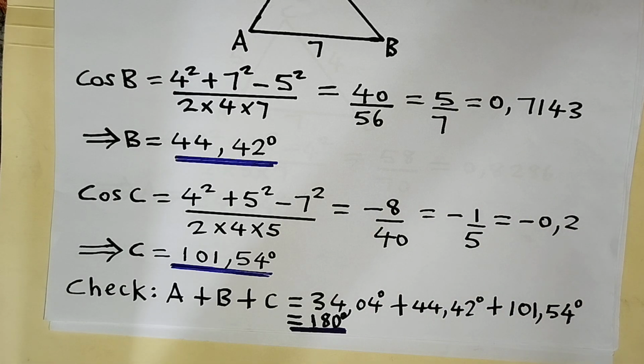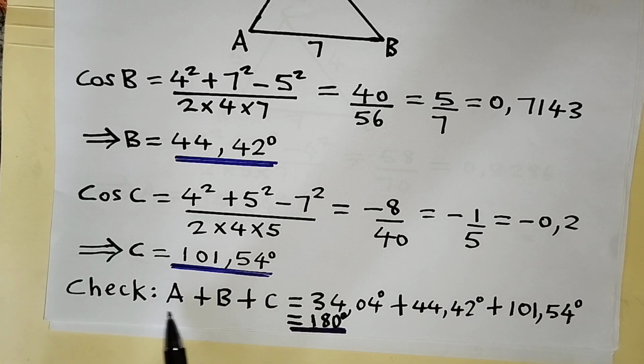When you press the second function button or the inverse button on your calculator and then press cos and then enter minus 0.2, you get your angle C as 101.54 degrees.